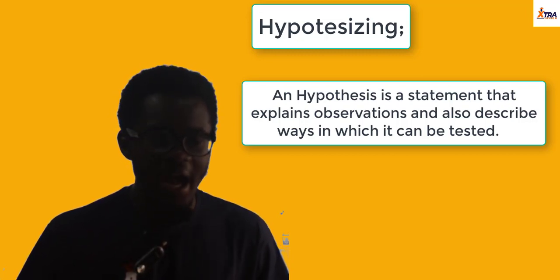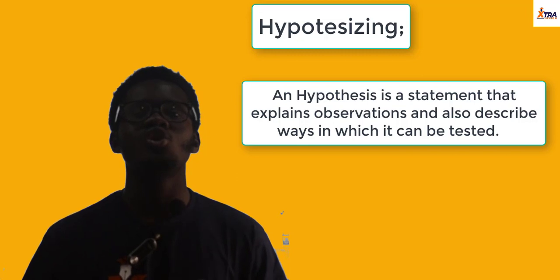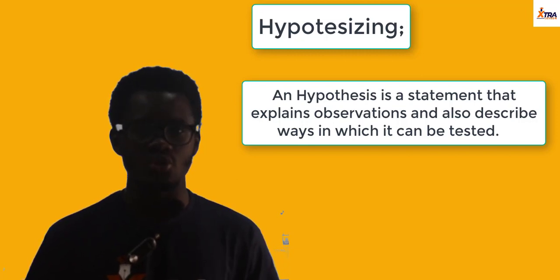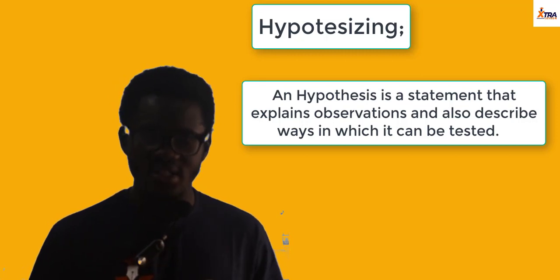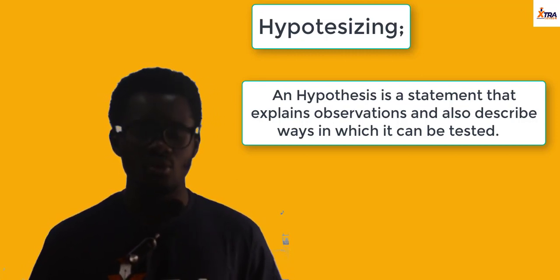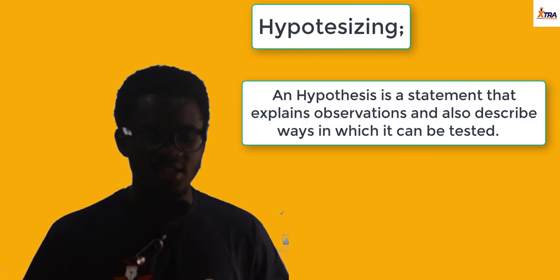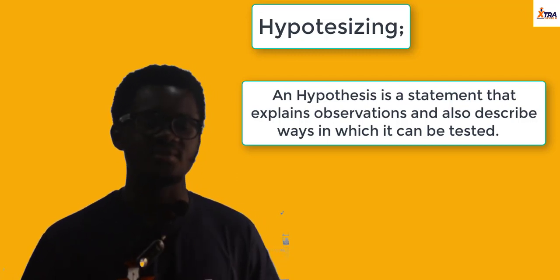So you only make hypotheses after you have done careful observation and you have collected sufficient data. That is, you make hypotheses from a position of authority per se. That is, you have done what needs to be done. That is when you make a hypothesis. That's why you say, oh, having seen all what I've observed, having collected all the sufficient data, what I'm saying, I believe that this is what explains this observation.